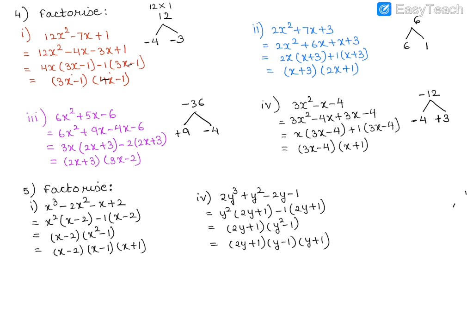See, if I did 4 minus 3 it would become plus 1. We have to see that it is 4 and 3 and I need minus 1. So if I did 4 and minus 3 my answer would be 1, and if I did minus 4 and plus 3 my answer would be minus 1. Again, take out common from here. That's x. You get 3x minus 4 plus 1 and 3x minus 4. 3x minus 4 is common. Left over is x and plus 1.